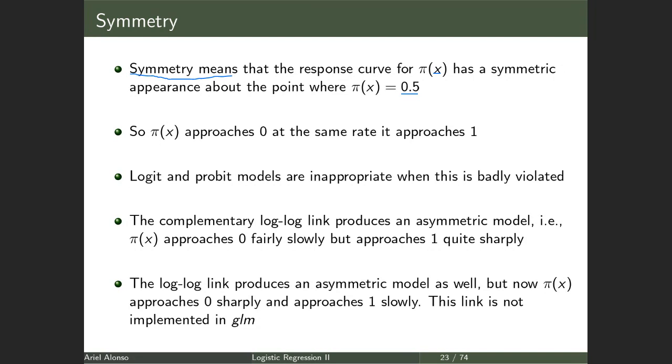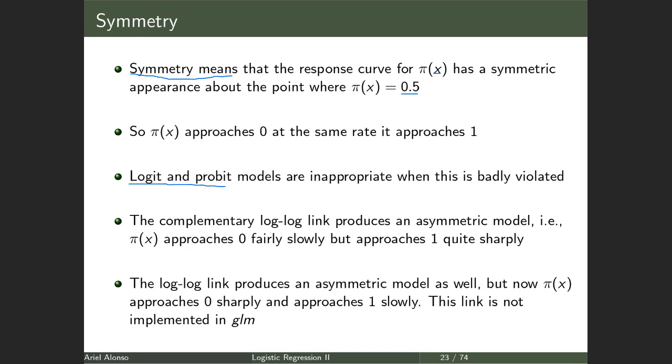Now, if you have a situation in which that's not true, in which this phenomenon, when you increase the dose, goes to 1 or goes to 0 when you decrease the dose, not at the same speed, then the logit model and the probit model will not be appropriate.